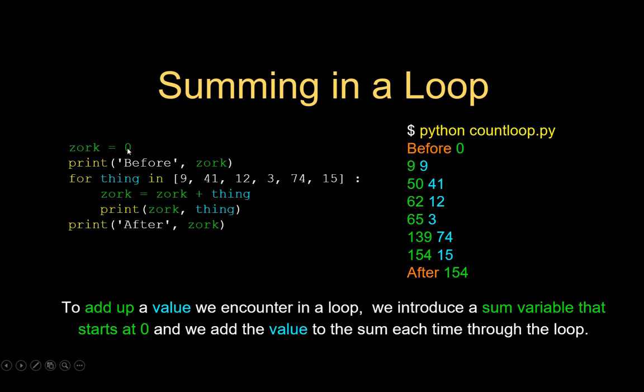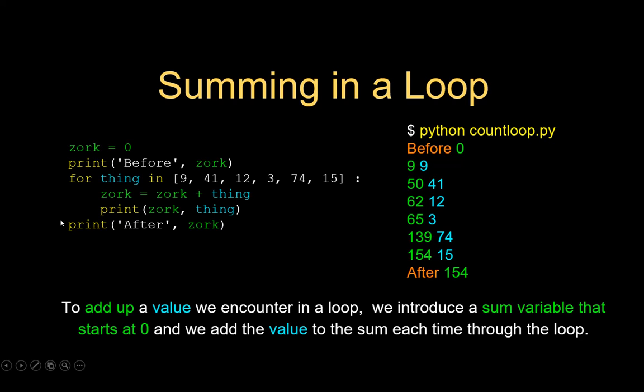Like in the previous example, we assign 0 to Zork and print before and Zork, so the before is 0.